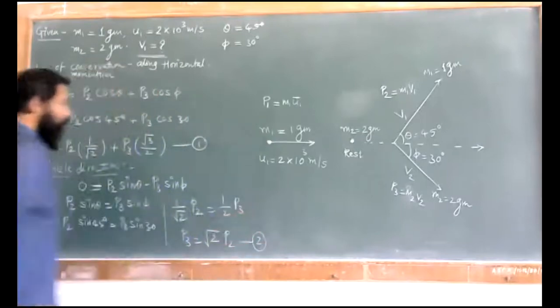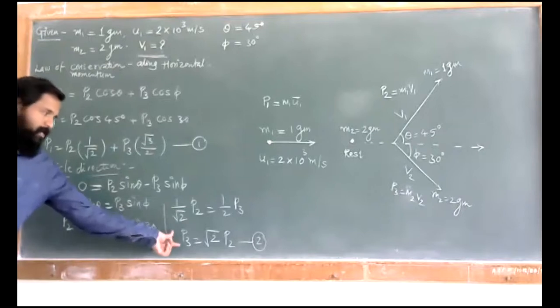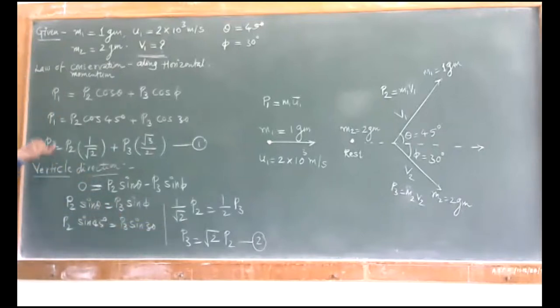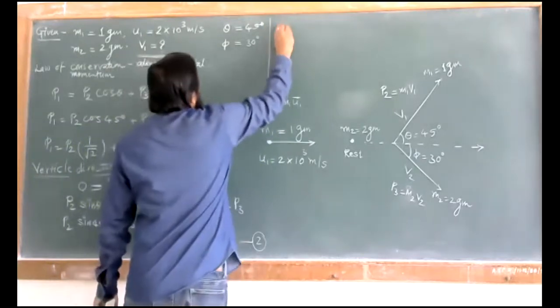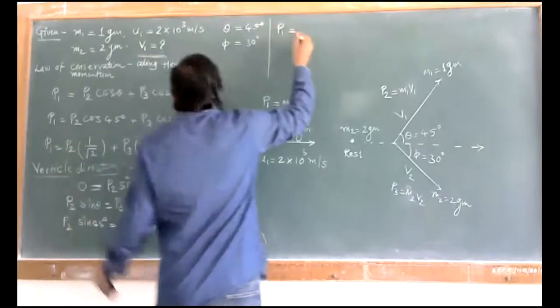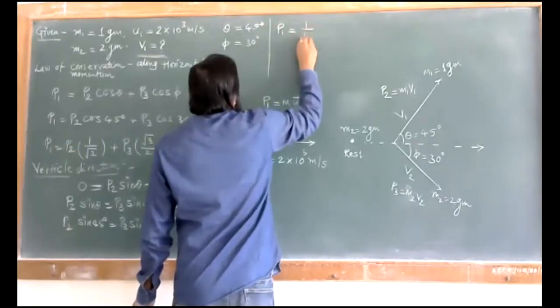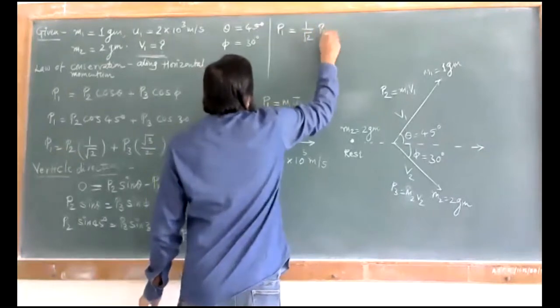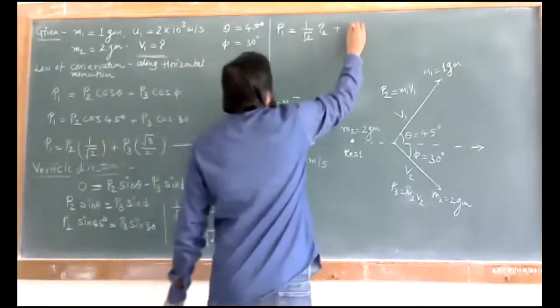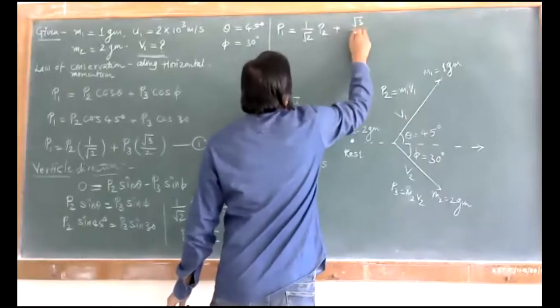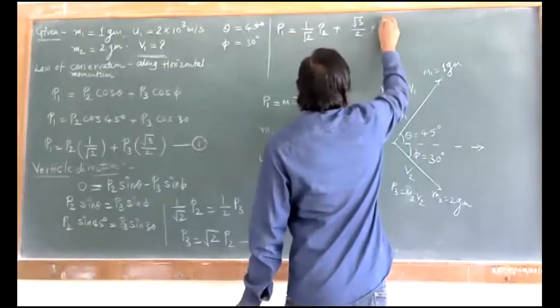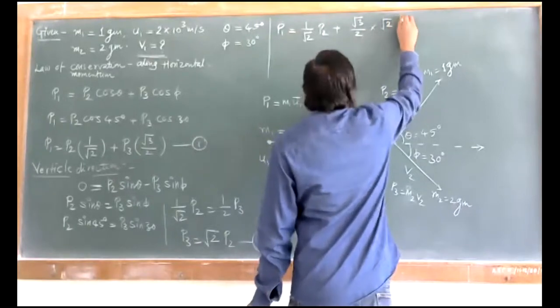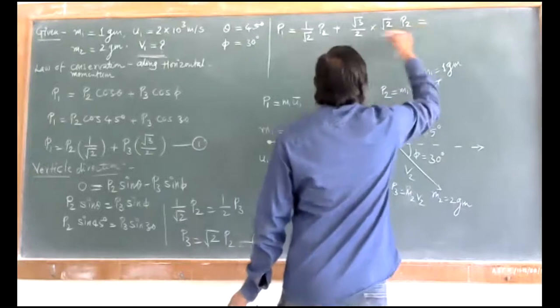Now what we have to do? We have to use equation number 2 in the first equation. The value of P1 is equal to 1 upon root 2 times P2 plus root 3 by 2 times the value of P3, which is root 2 times P2. How much will this be?